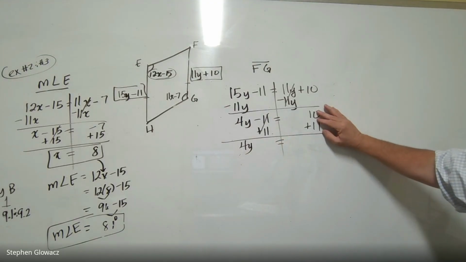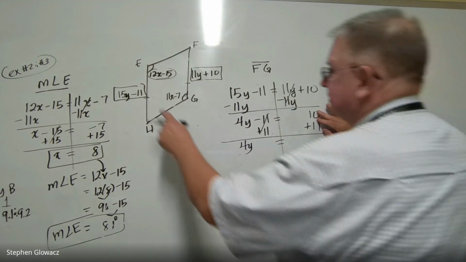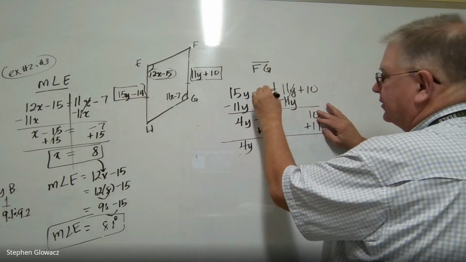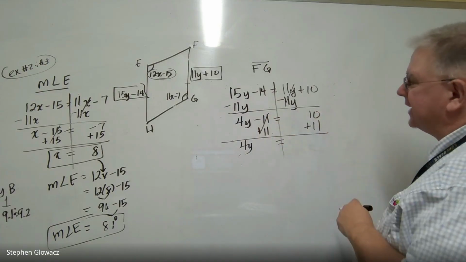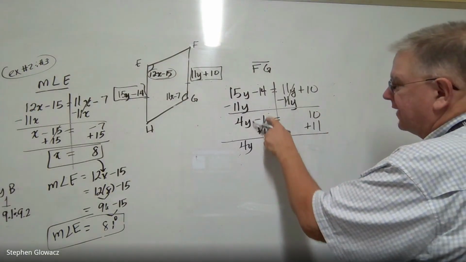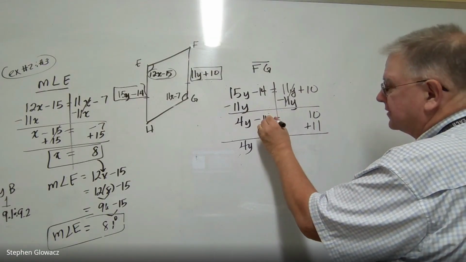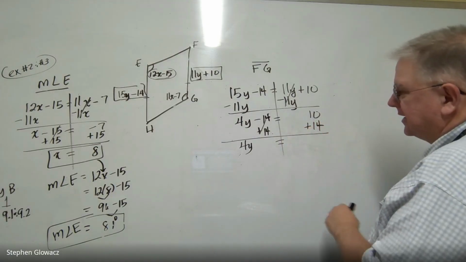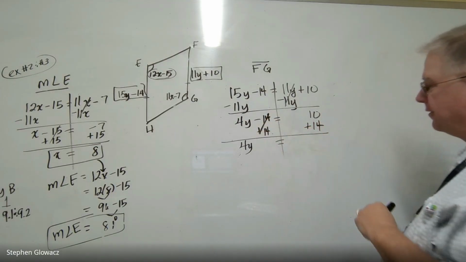Over here, 10 plus, oh, you know what? I just realized we made a little mistake here. So actually, this should be a 14. By the way, this is a good example of how we can fix things without having to redo everything. So that should be 14, which means we added 14 to both sides, and the 14s cancel there. There we go.